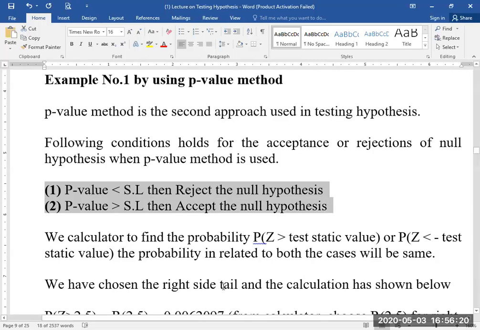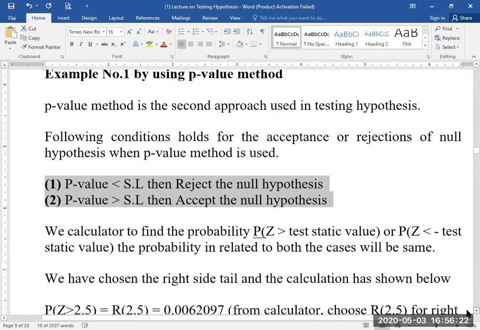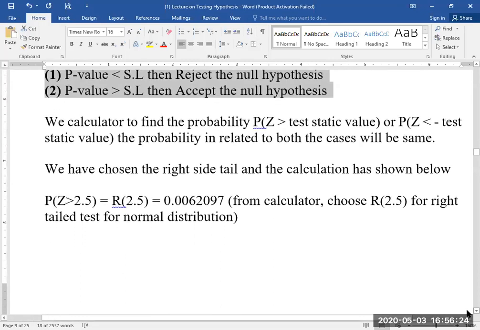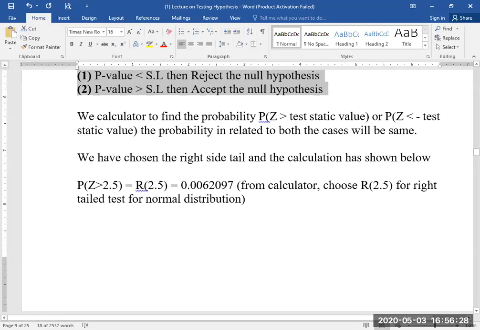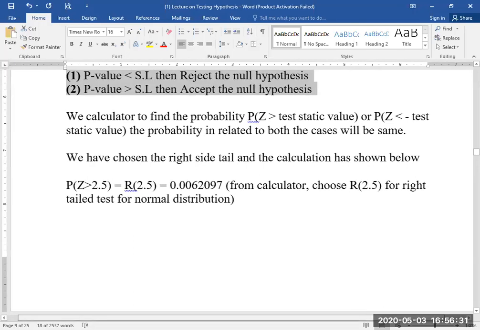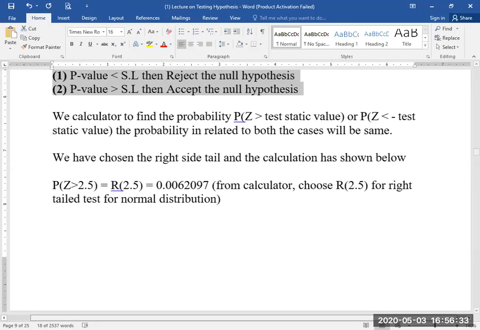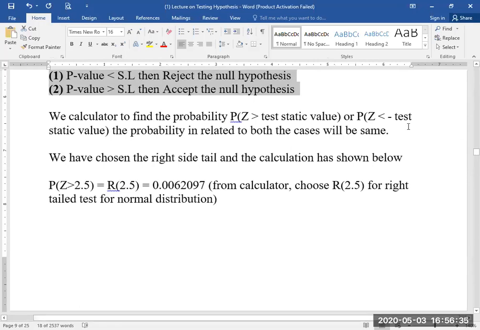Okay, now students, I'm going to find the p-value from the calculator. Because the standard deviation is given, we use the normal distribution curve, and we know it was a two-tailed test.